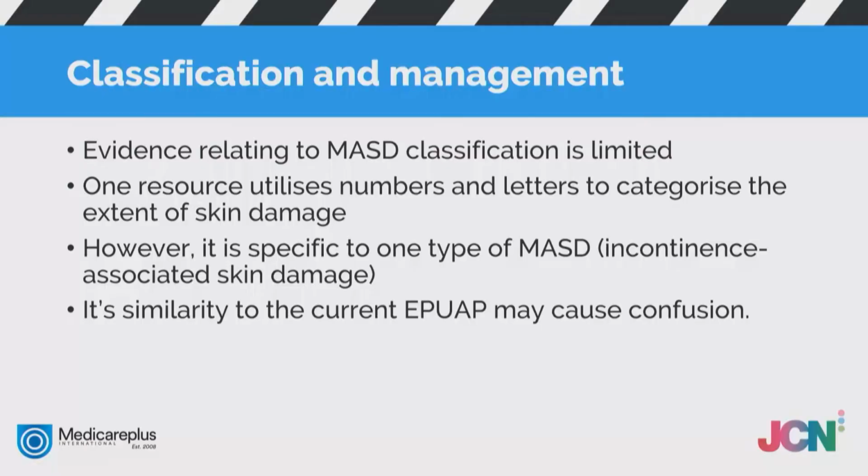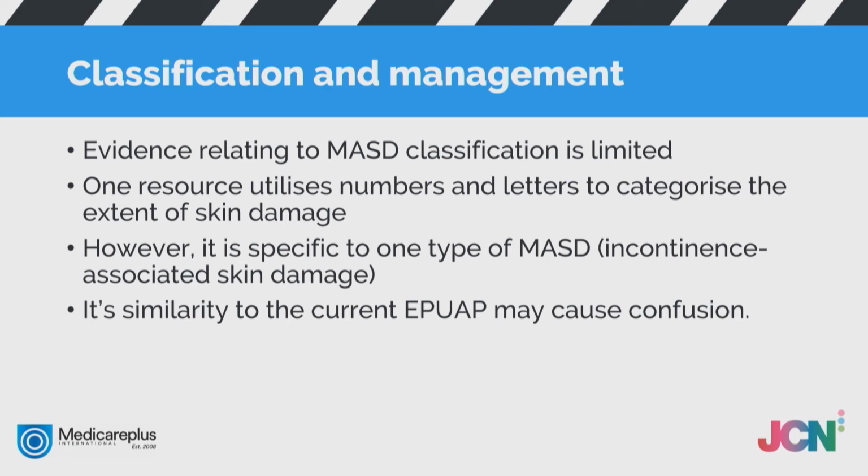So the classification within that assessment process, there is evidence that does offer some classification, but the evidence out there is very limited. There is a resource that does utilise numbers and letters to categorise the extent of skin damage. However, remember that it is only specific to one type of moisture-associated skin damage, which is incontinence-associated skin damage.